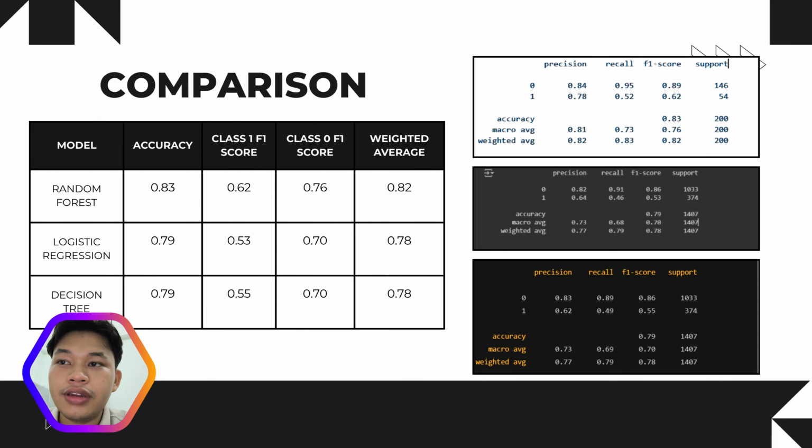Next, I will explain a little bit about the comparison for the three models. The random forest gives the accuracy score of 0.83, while decision tree and logistic regression give the same score, which is 0.79.